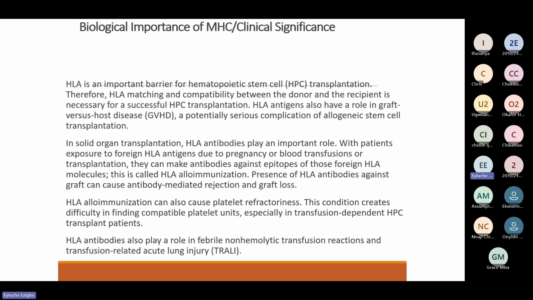This condition creates difficulty in finding compatible platelet units, especially in transfusion-dependent HPC transplant patients. So, in such cases, platelet transfusion does not lead to an increase in platelet number due to the alloimmunization that has occurred through the HLA system.